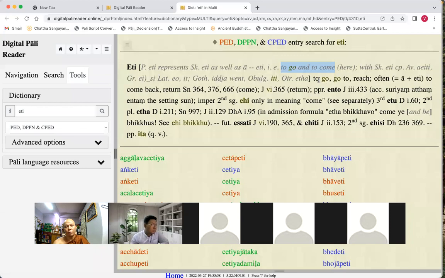Or commonly to go or to reach, but if we use a and eti, then it means to come back or return. So that is based on context. Which one is possible, the meaning to come or the meaning to go? We need to analyze it based on the context.